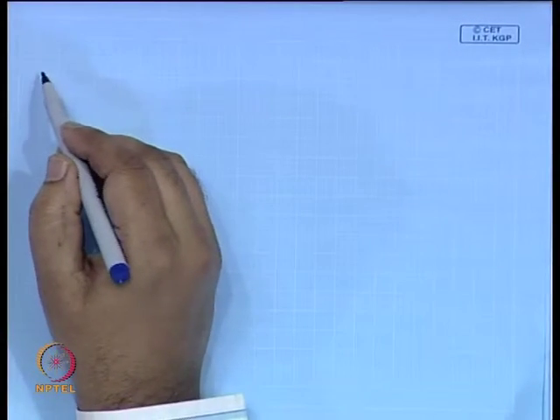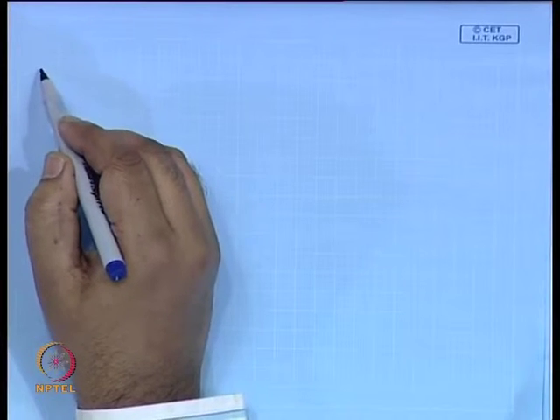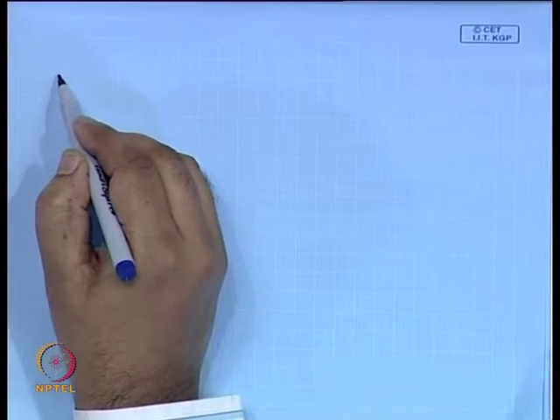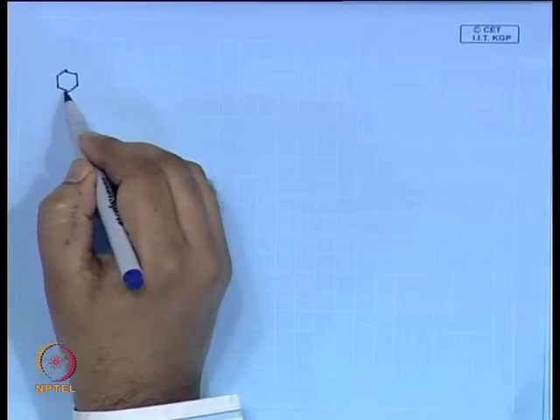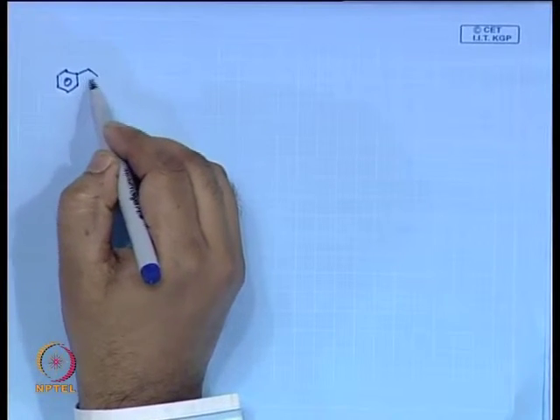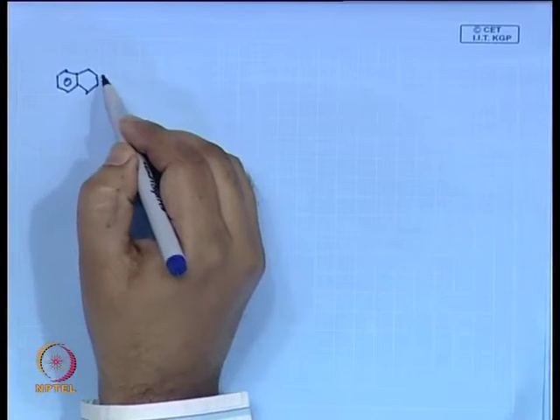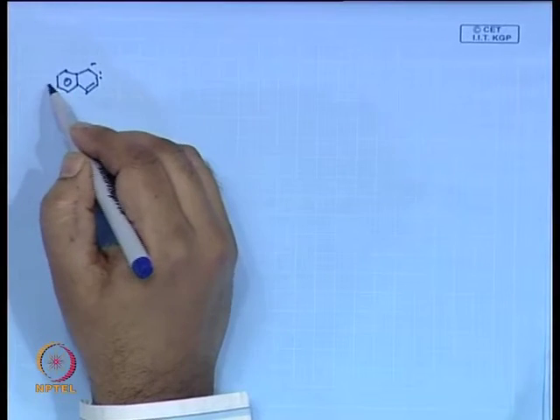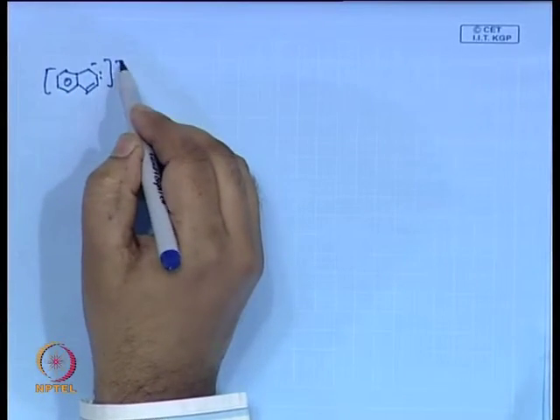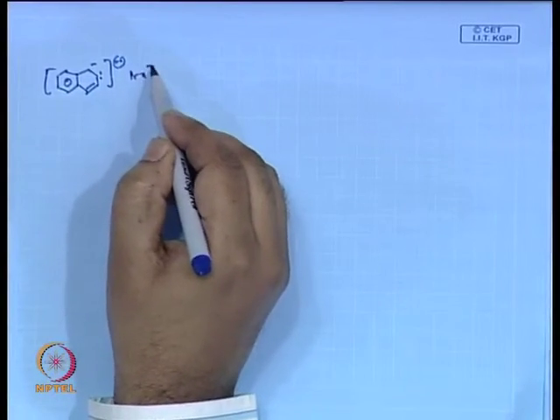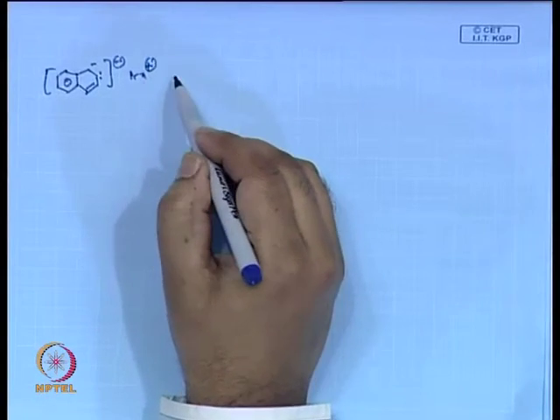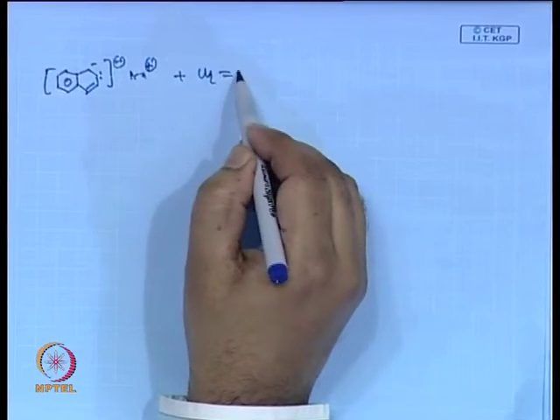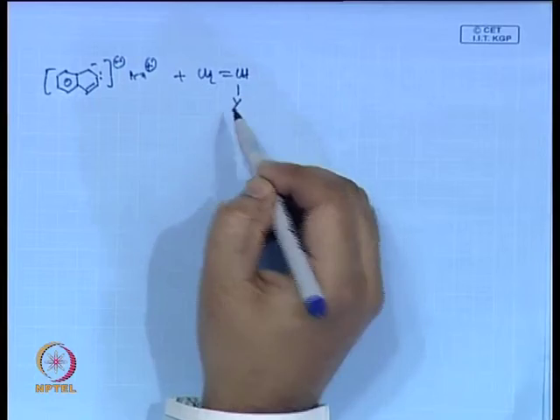If I write the chain initiation reaction for that electron transfer reaction, it can react with the monomer to initiate the chain.